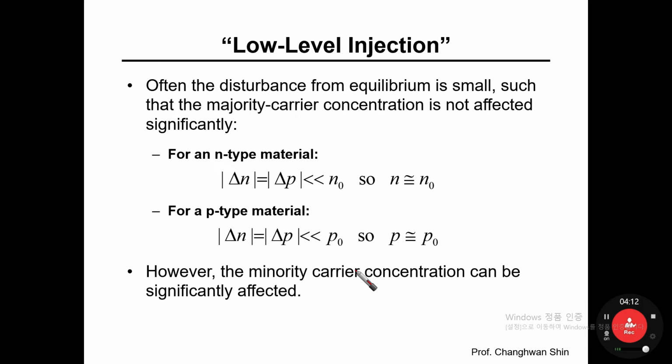And now let's move on to the next concept, low-level injection. This is a very significant and key concept when understanding a biased pn junction diode. In other words, in your microelectronic circuit, which includes a few pn junction diodes, why can a diode flow current in one direction, not in the other direction?